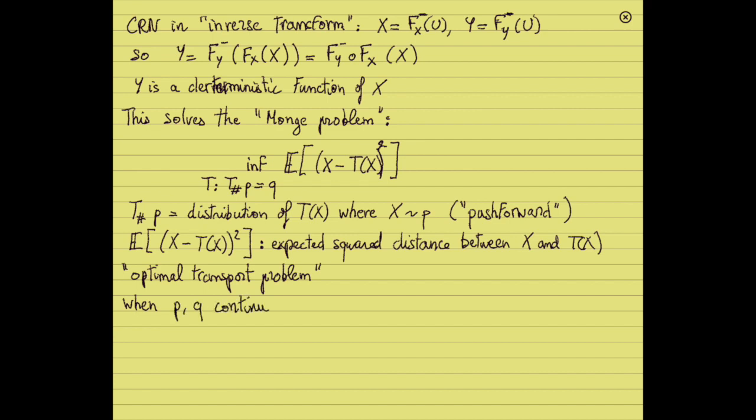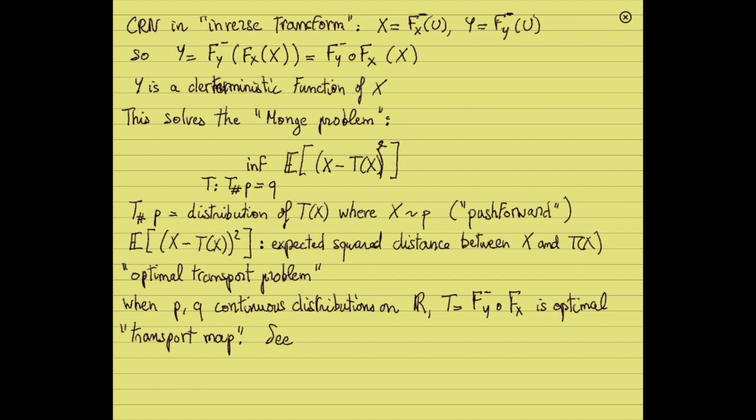And so what we've seen before with this common random number strategy and inverse transform is that when P and Q are continuous distributions, this optimal transport problem has as a solution the map F_Y^{-1} composed with F_X. That's called the optimal transport map.